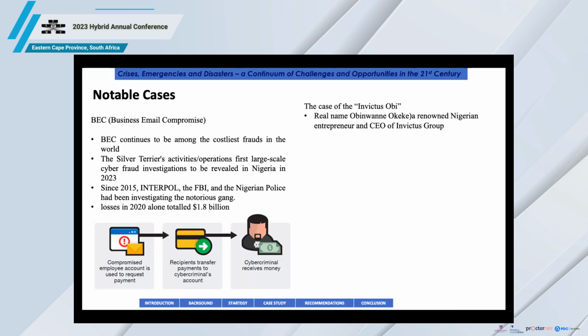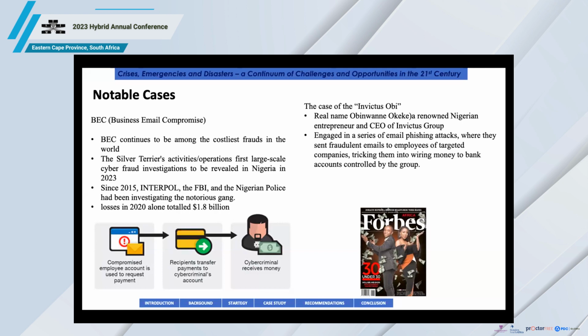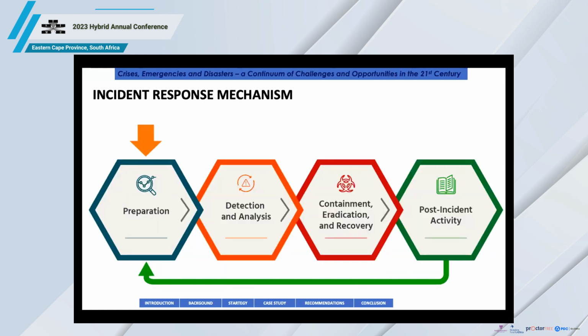Another example is Invictus Obi, a renowned Nigerian entrepreneur, so-called, in quotes. He was even named in Forbes magazine, but later, after investigations, it was found that the sources of his funds were a lot of phishing attacks and fraudulent emails sent to people, also to get goods.